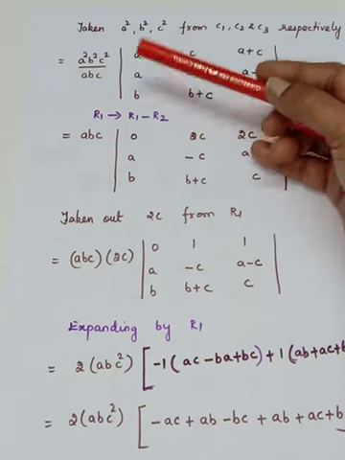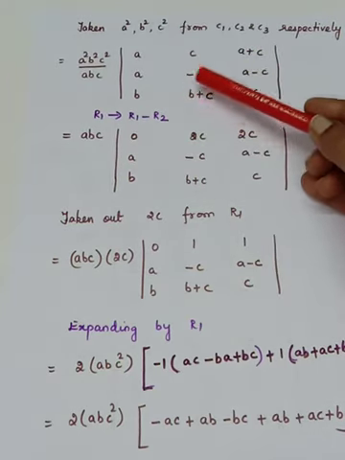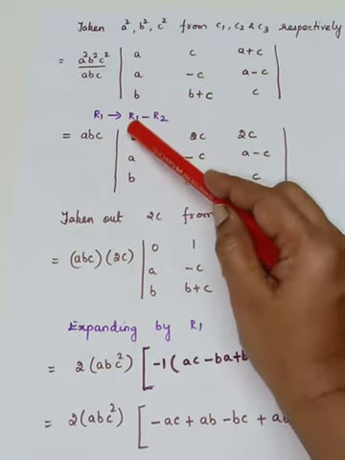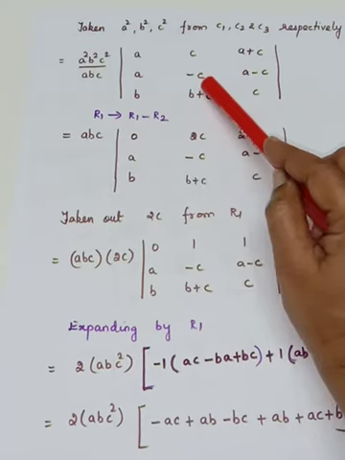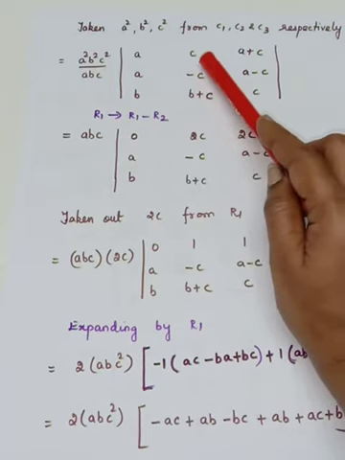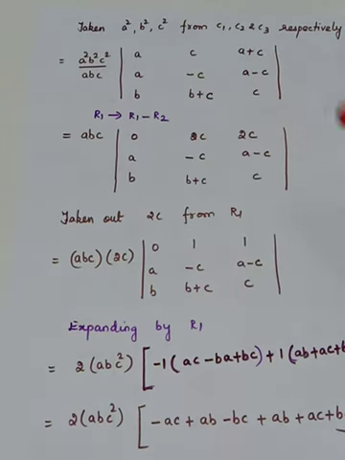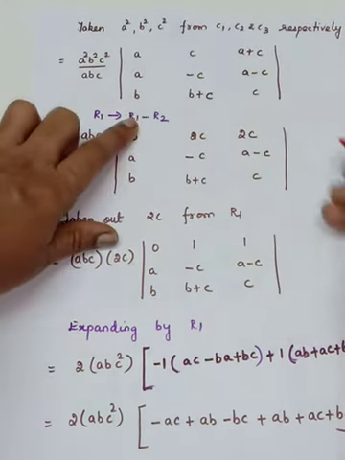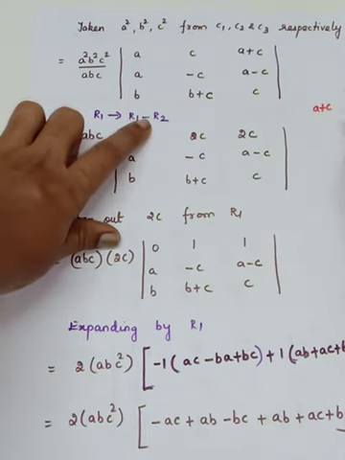So A minus A is 0. Here C minus of minus C. R1 is C. In between you are having minus. Your R2 element is minus C. So C plus C, that is 2C. In the same way, you see R1. Here the last entry is A plus C. In between what you are having?